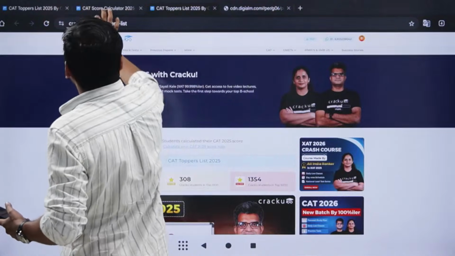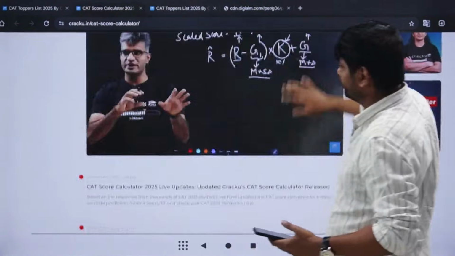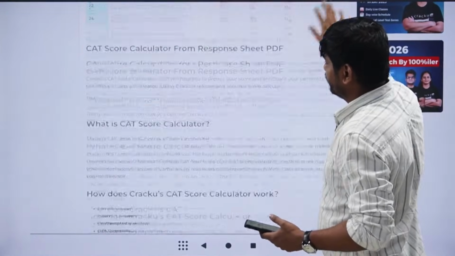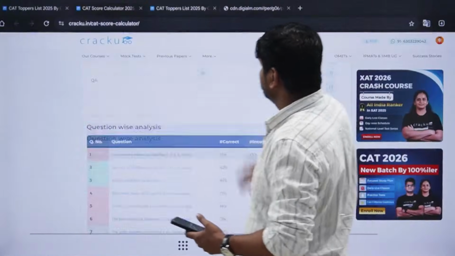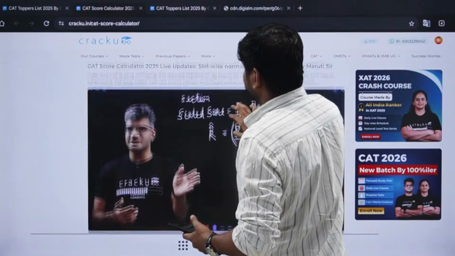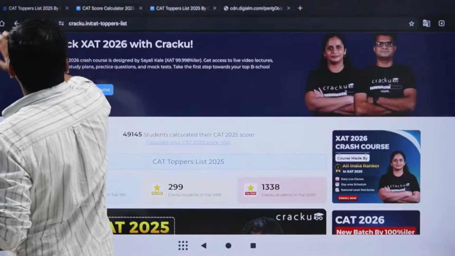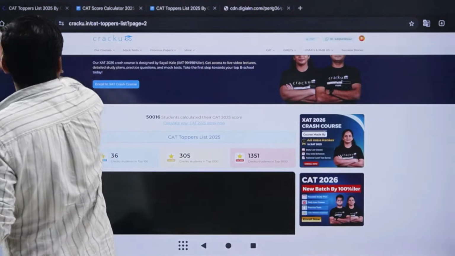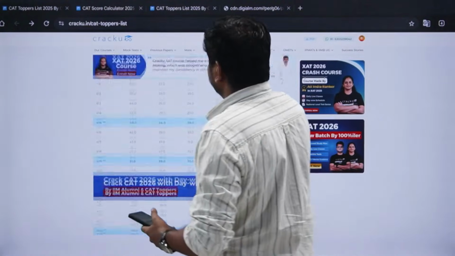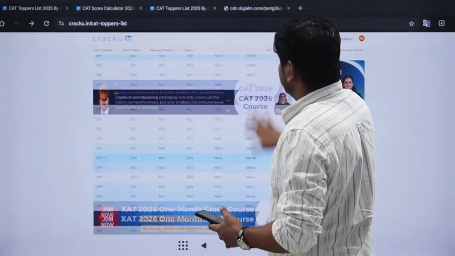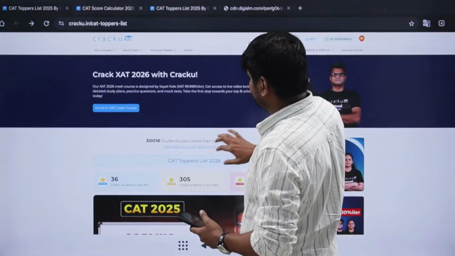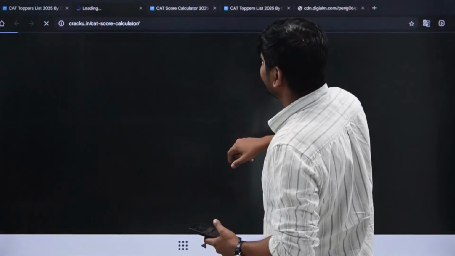So if you visit CAT score calculator, there we have... Okay, so calculate your CAT score 25.